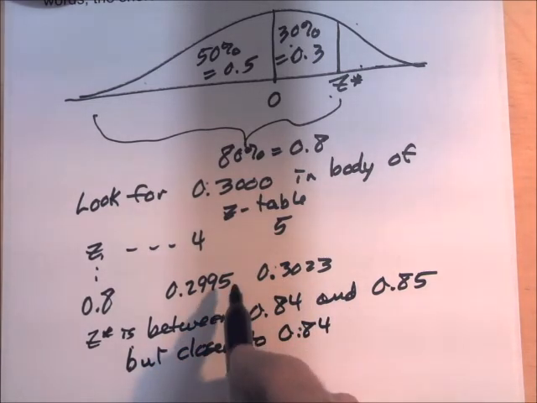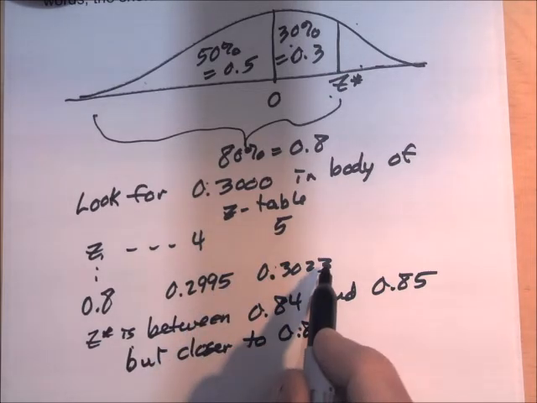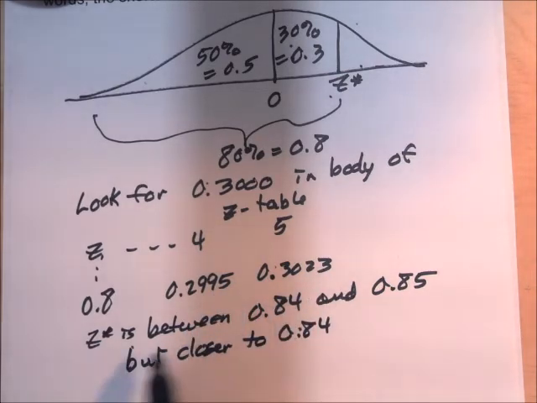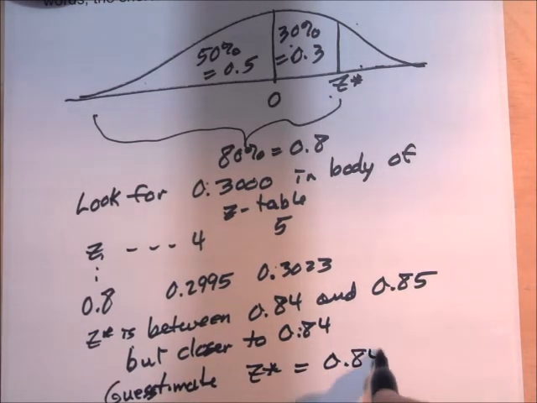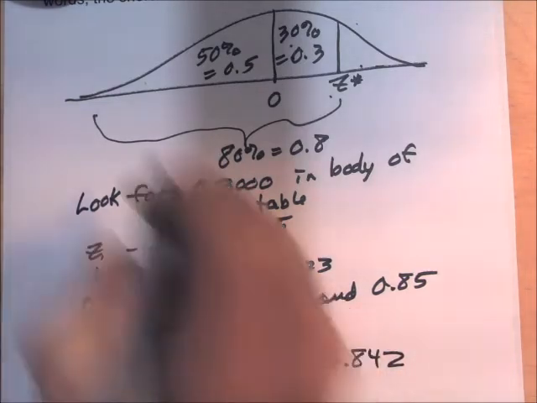If you look at the last digit, we're off by 5 here and off by 23 there. So I would guesstimate z star is equal to 0.842. So this is step 1.